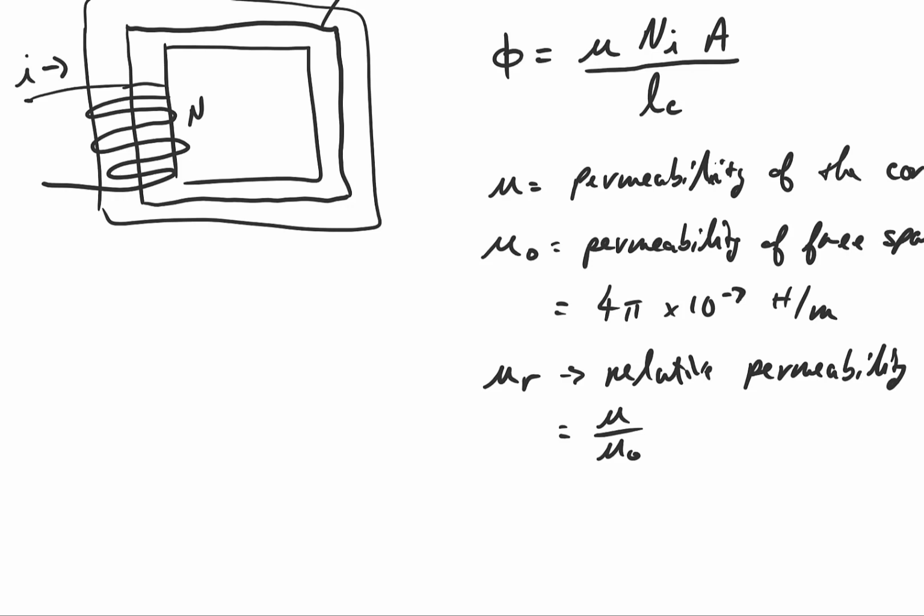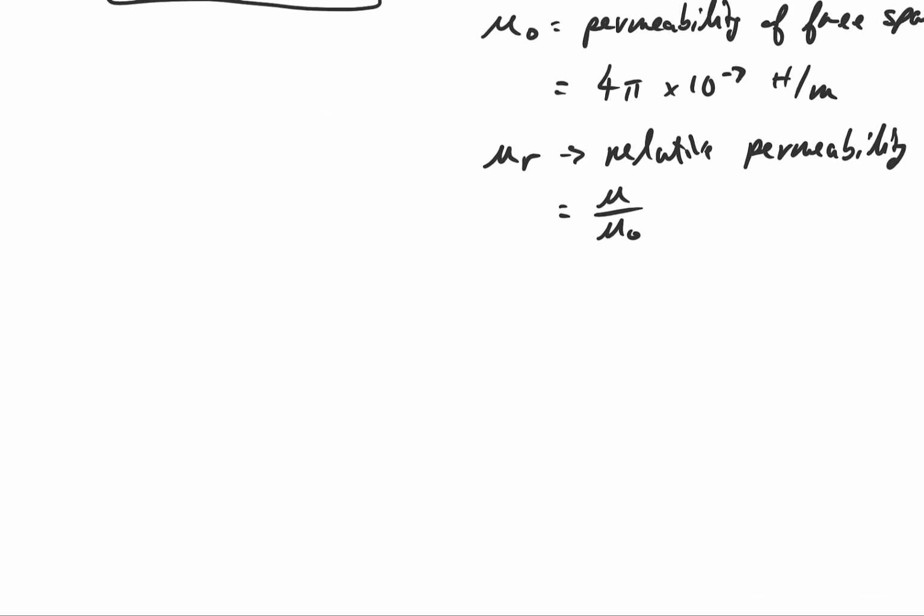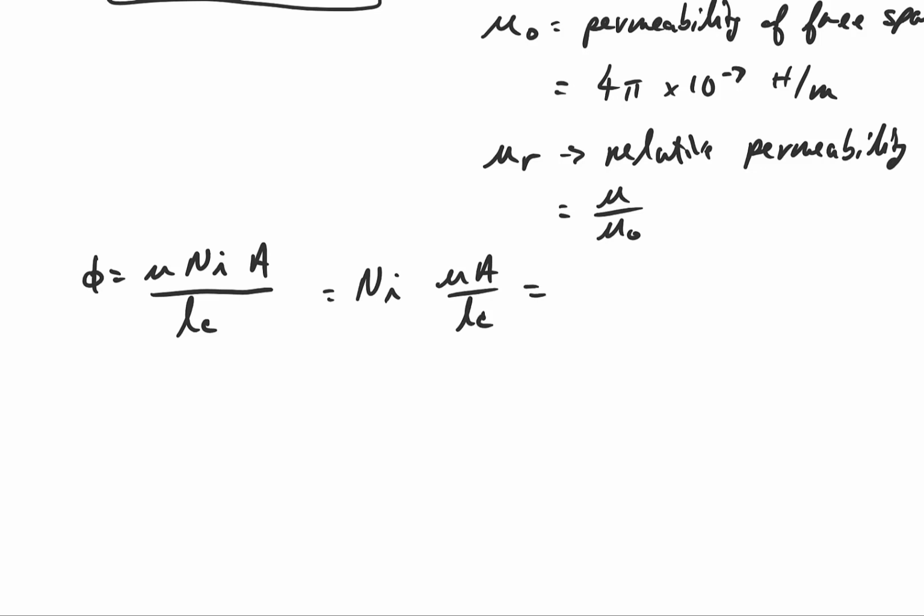So coming back to this equation, I'm just going to rewrite that down here. We said that phi is equal to mu NIA over L sub C, and this is equal to, if I just pull the Ni out, Ni mu A over L sub C, which again is equal to the magnetomotive force.